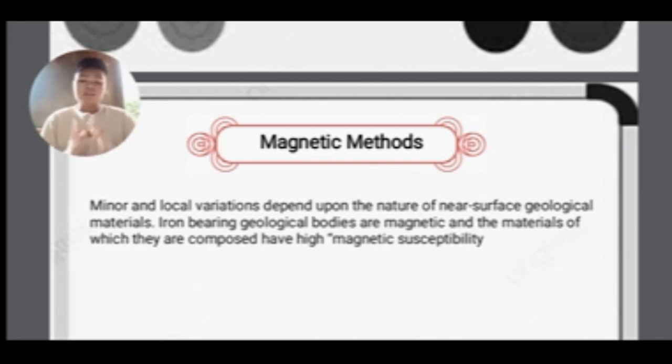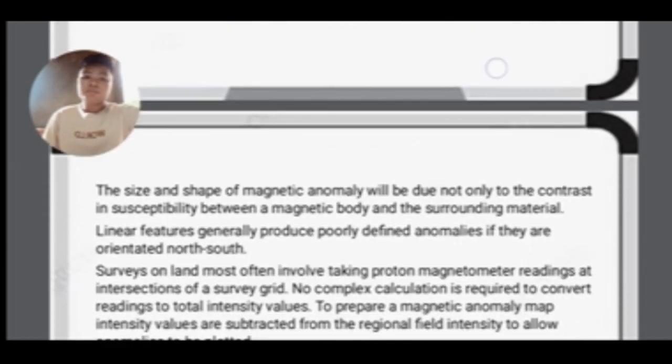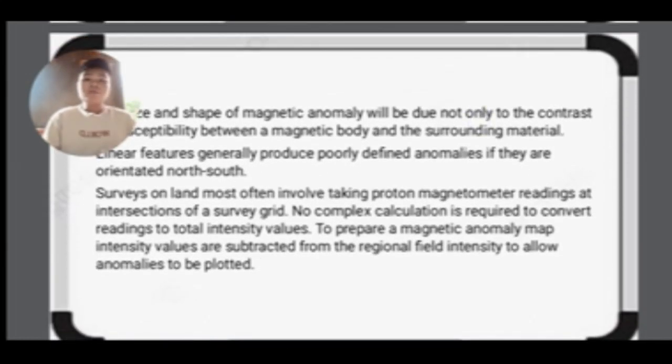No complex calculation is required to convert readings to total intensity values. To prepare a magnetic anomaly map, intensity values are subtracted from the regional field intensity to allow anomalies to be plotted.